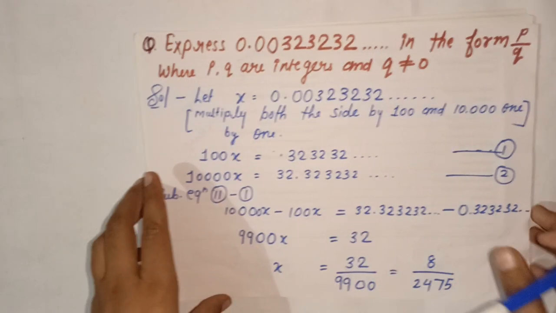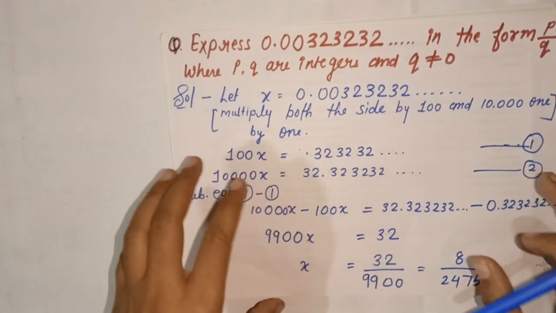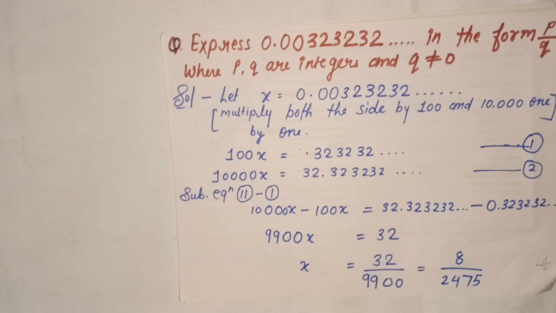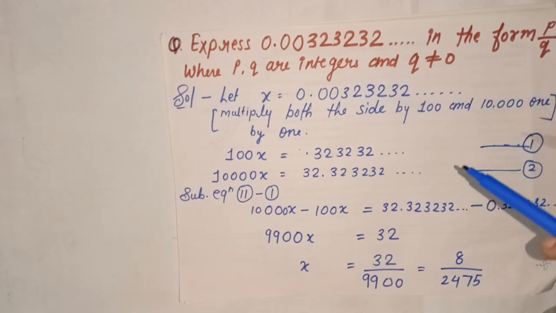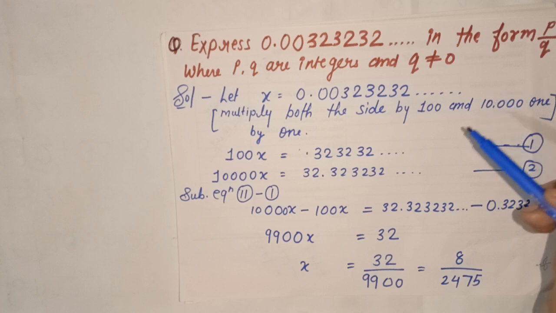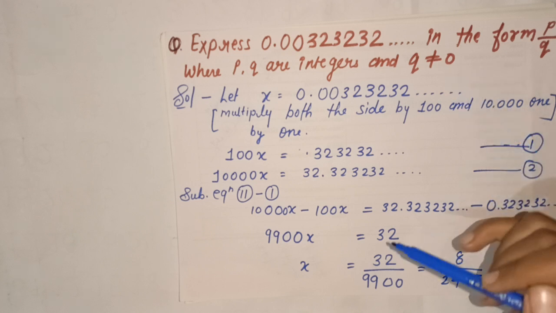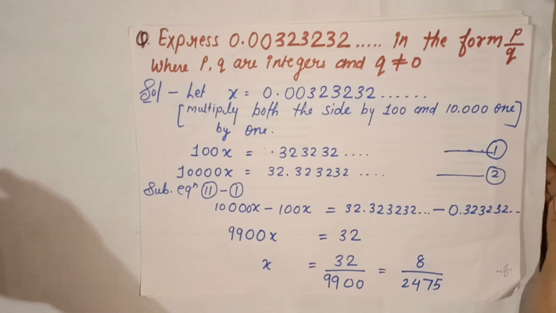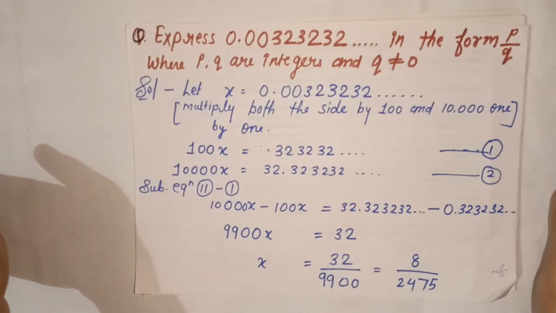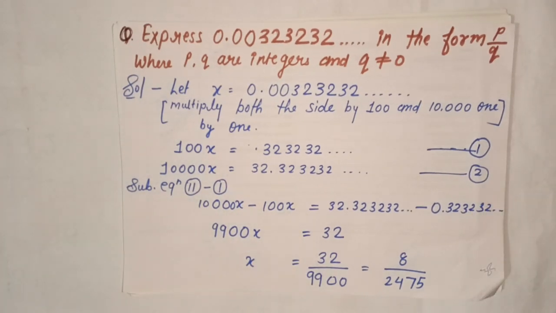Now the last question is: express 0.00323232 in the form of p by q, where p and q are integers and q is not equal to 0. In simple words, they are saying that we have to express it in the form of a rational number, p by q.